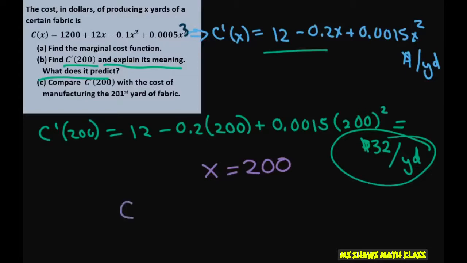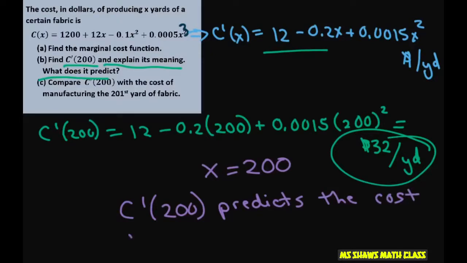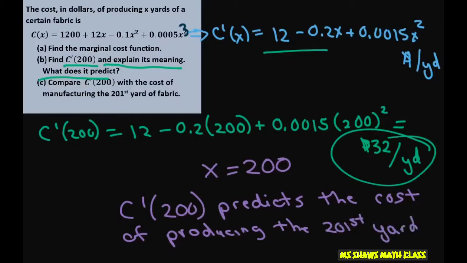So C prime of 200 predicts the cost of producing the 201st yard, so the next yard.